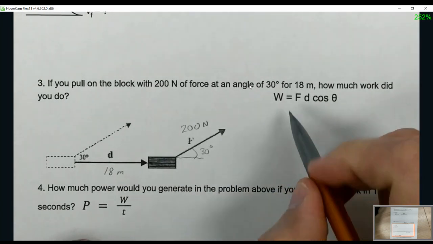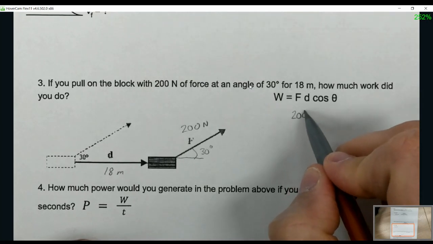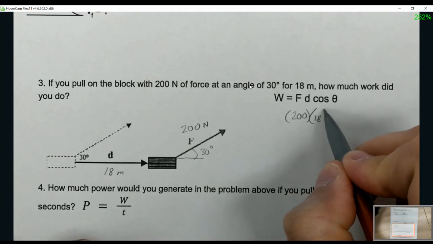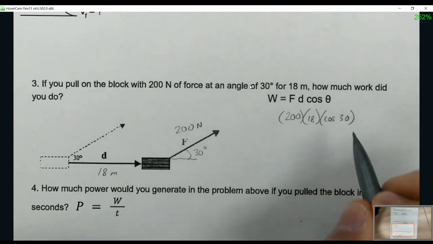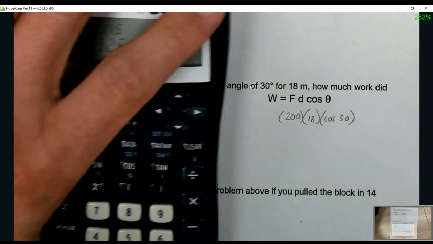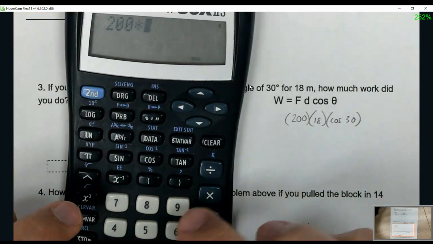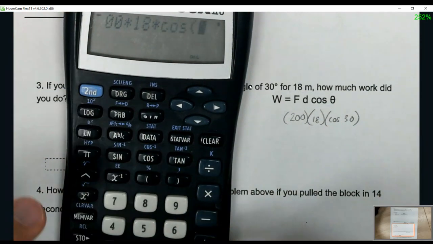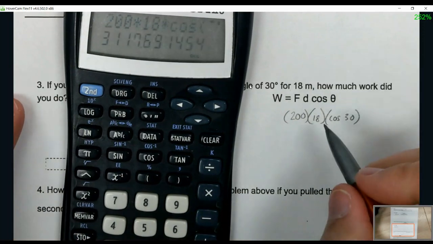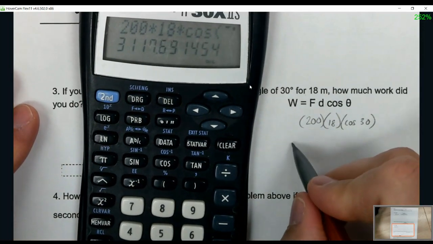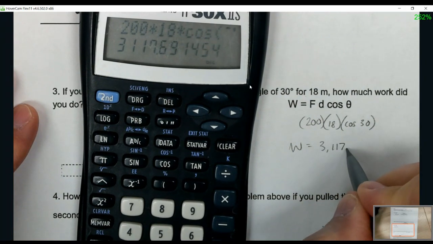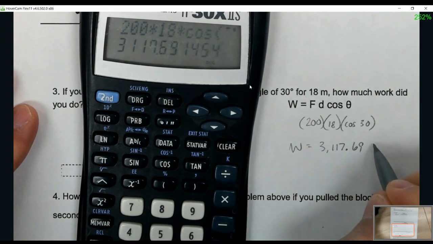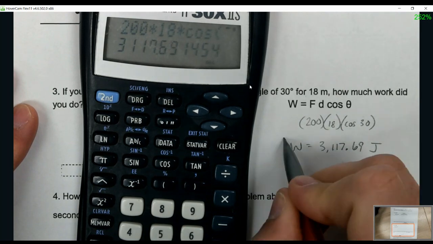So the work done on the object will be 200 times 18 times cosine of 30. 200 times 18 times cosine of 30, and you're going to get a value here of 3,117.69. Nice.